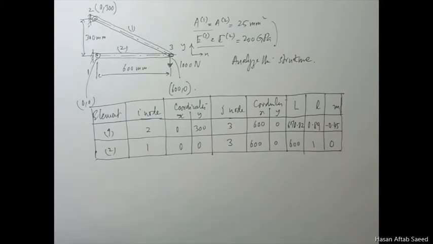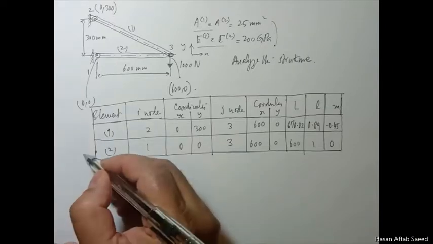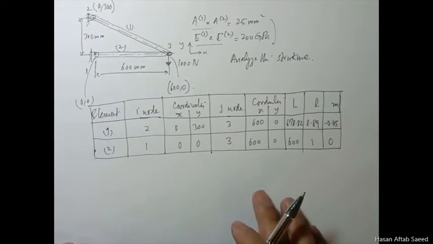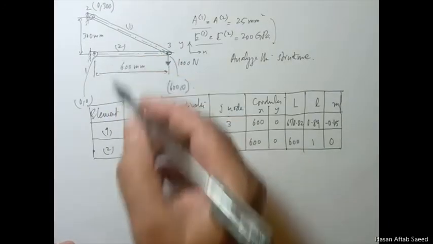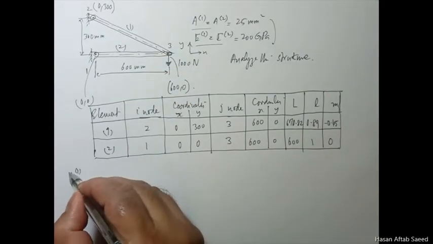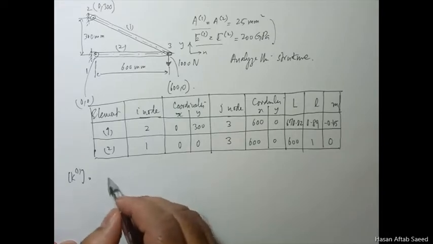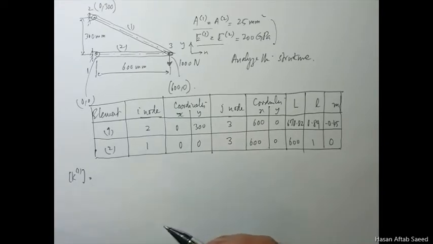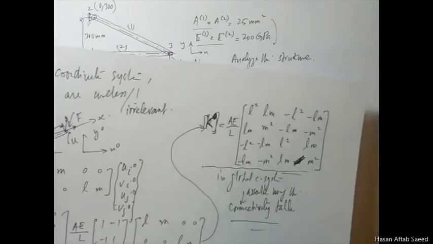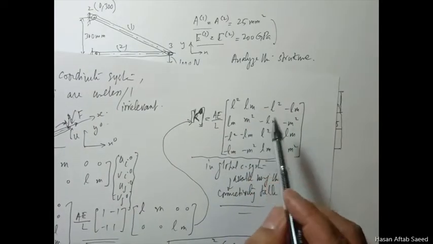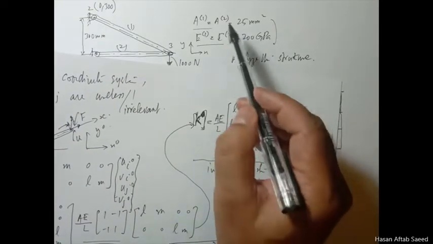Now let's start from making the elemental matrices for each element. There's just two elements, so K1 will be AE over L, and then we have this formula: L square, LM, minus, and so on. For element 1 we'll use this.